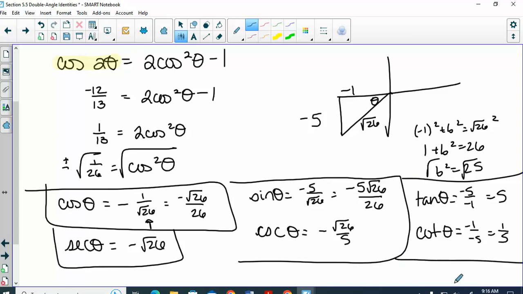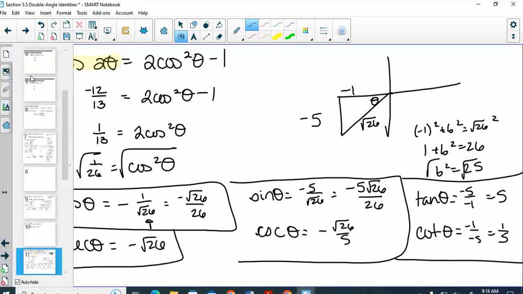So really, once you have one function, the easiest option is just to set up a triangle to get the rest. Is that okay? All right. Let's do.